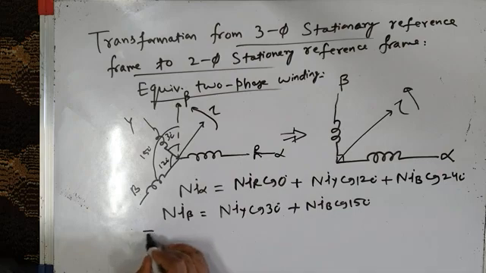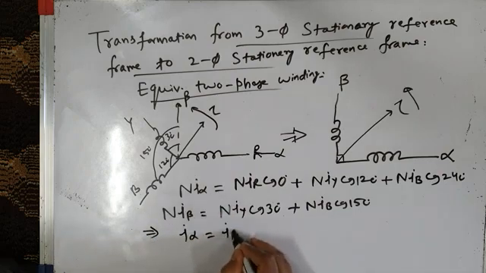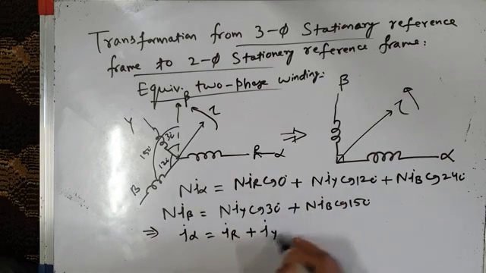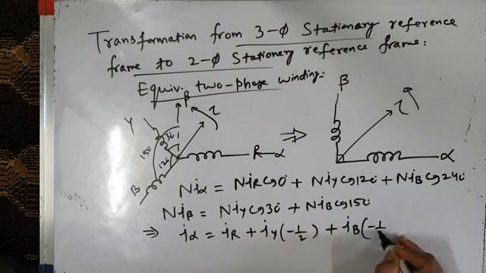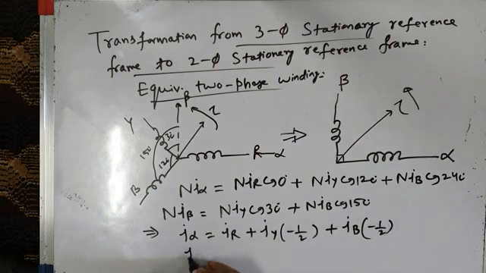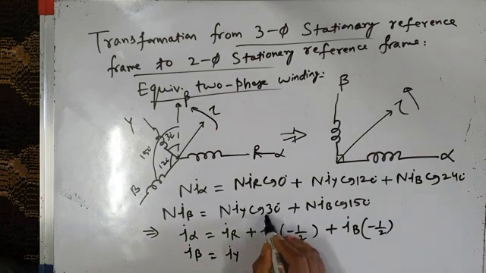So therefore, in terms of currents, I can write I alpha is equal to IR, cos 0 is 1, so it's IR plus IY. What is cos 120 degrees? Cos 120 degrees is minus 1 by 2, plus IB, cos 240 degrees is also minus 1 by 2. And similarly, I beta is equal to IY. What is cos 30 degrees?